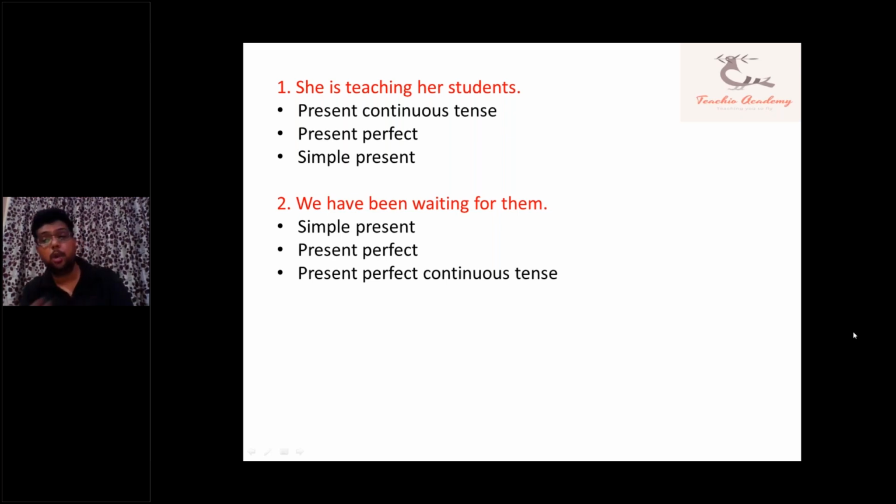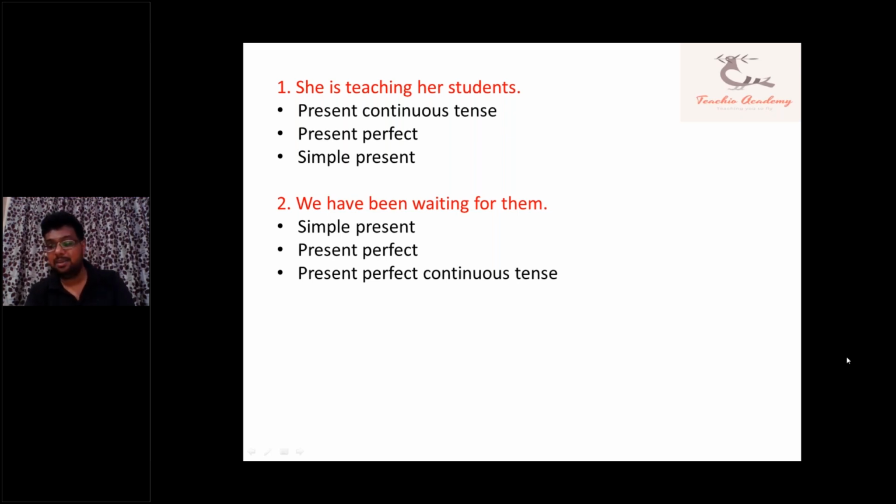See, this question: we have been waiting for them. This activity is going on still, but it had started in the past. Just listen to me. This is an activity which is currently going on. But did this activity start just now? No, it started some time ago. So the answer is present perfect tense.